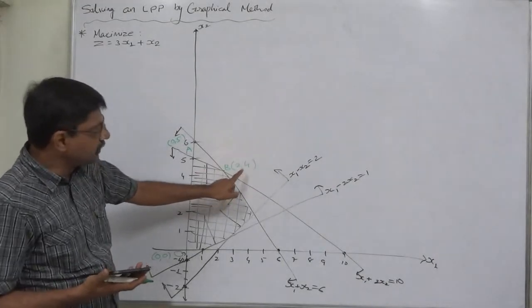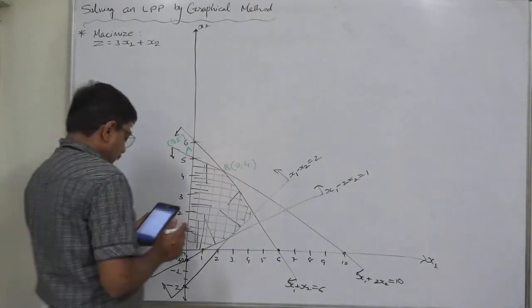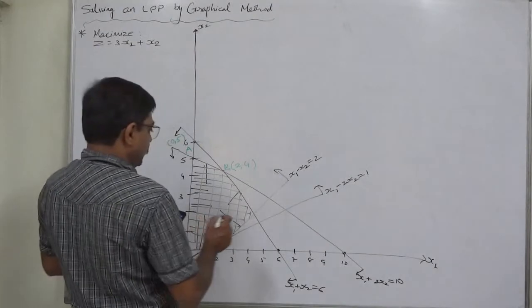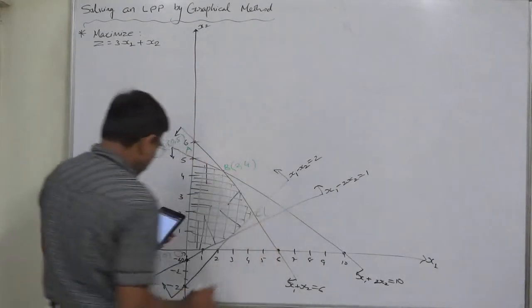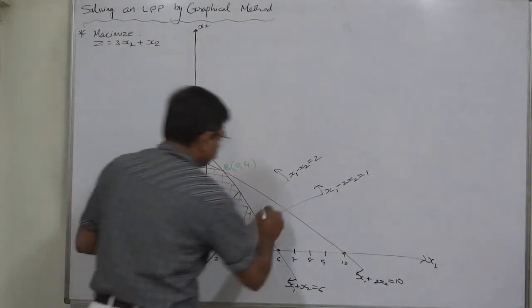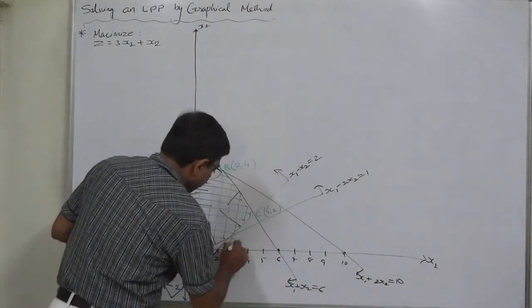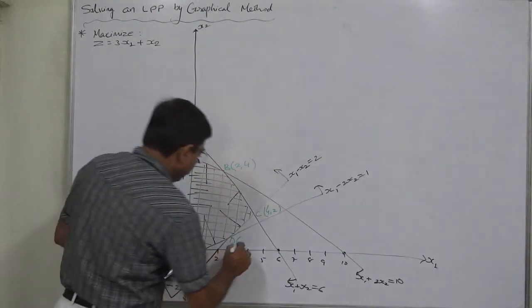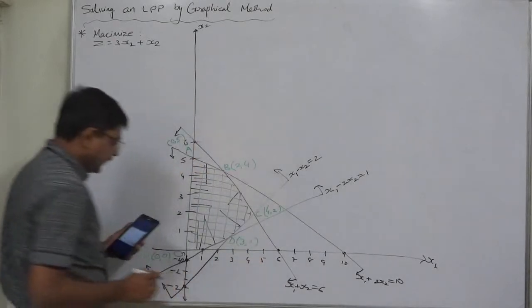At B the value must be 2, 4. Yes, at C the value is 4, 2. This is D. At D the value is 3, 1. X1 is 3, X2 is 1.